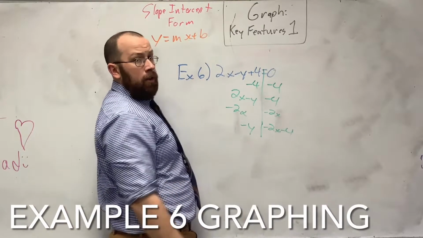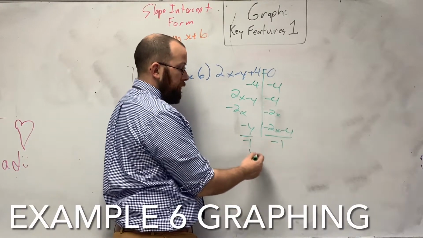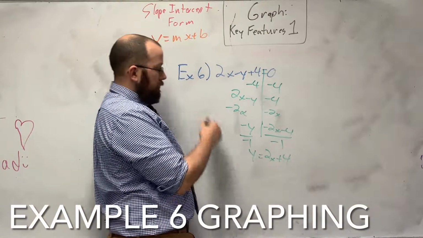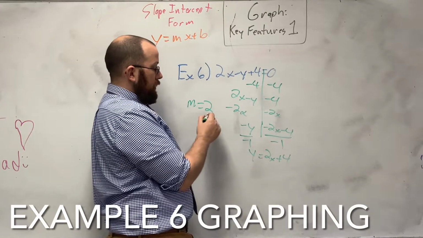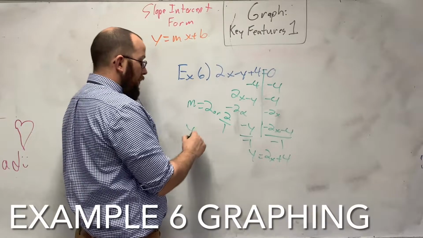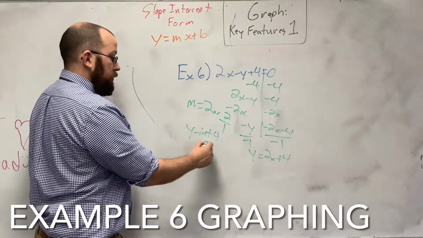Now is the y all alone? No, it still has a coefficient of -1 that I have to divide through. There we go. My slope is 2, or for graphing purposes, it's 2 over 1. And my y-intercept is at 4, or (0, 4).